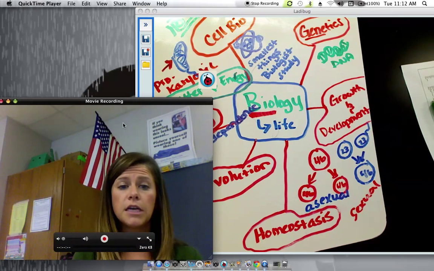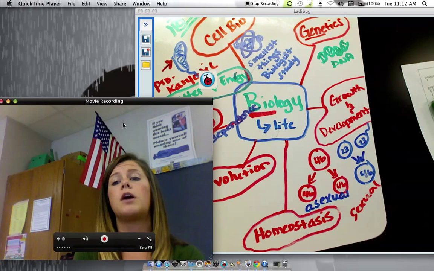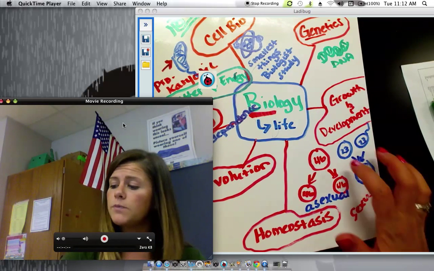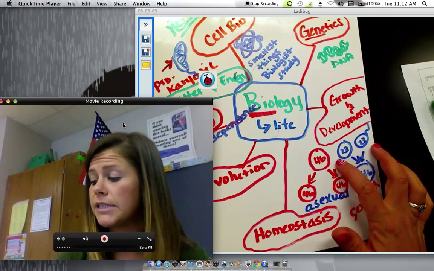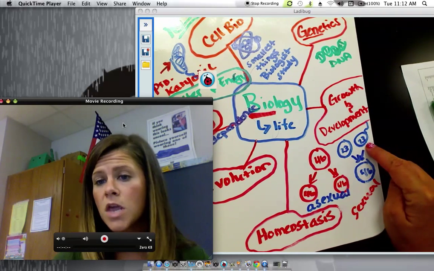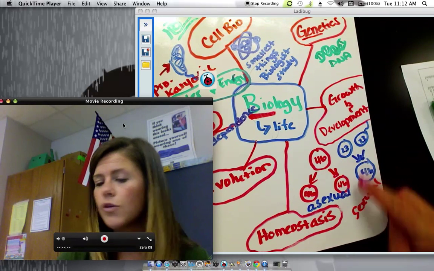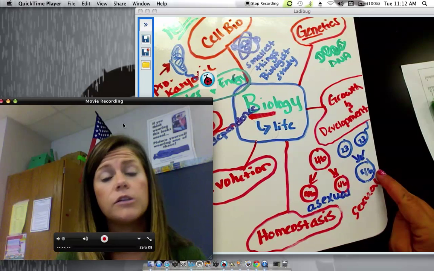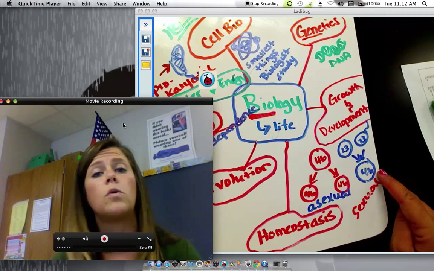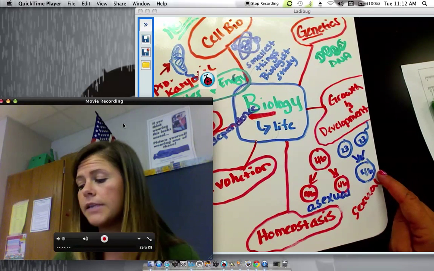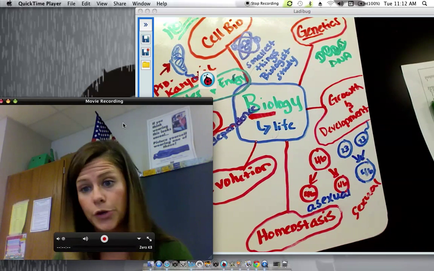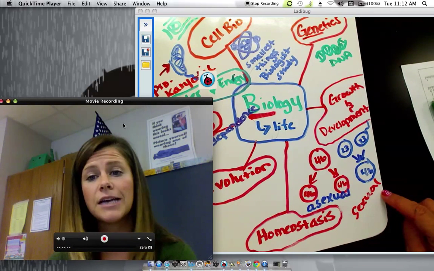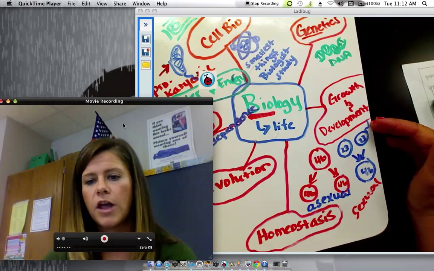All of our cells want to have a perfect number of chromosomes, and that's why we have to go through meiosis to create these gametes, egg and sperm. After fertilization, we have the proper number of chromosomes that the cell needs in order to replicate itself and turn into a new human being. So we'll talk about sexual reproduction for growth and development.